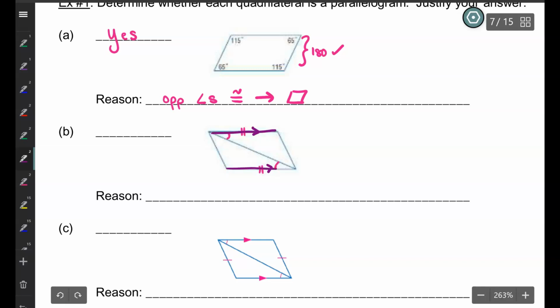So even though those weren't labeled as parallel, we can make that assumption based on the converse of the alternate interior angle theorem. So this one is a yes. And the reason is one pair of opposite sides are parallel and congruent implies that we have a parallelogram.